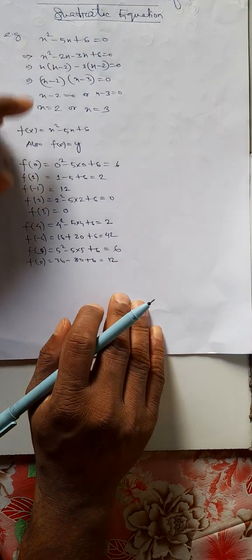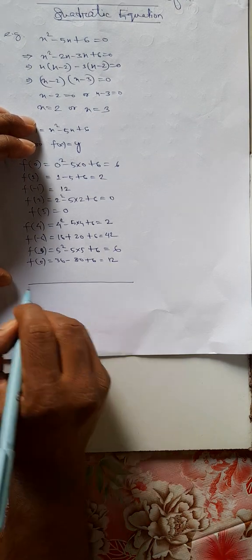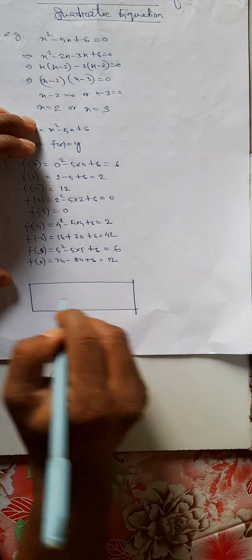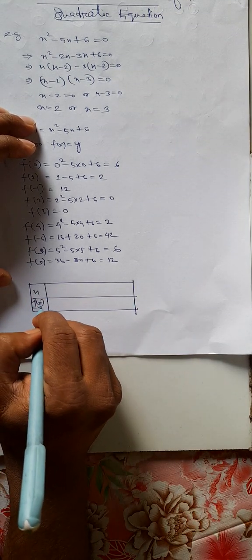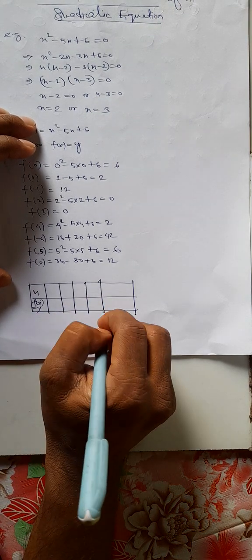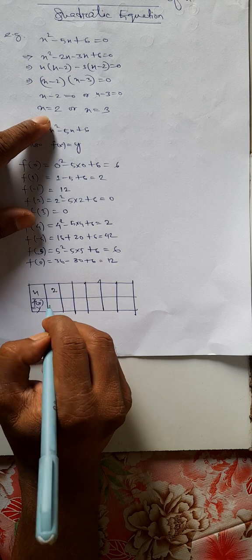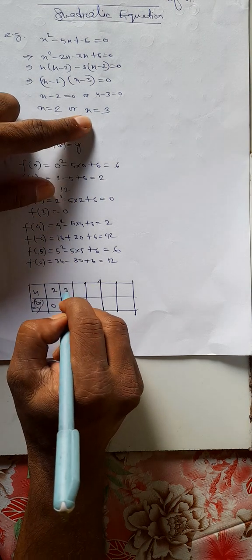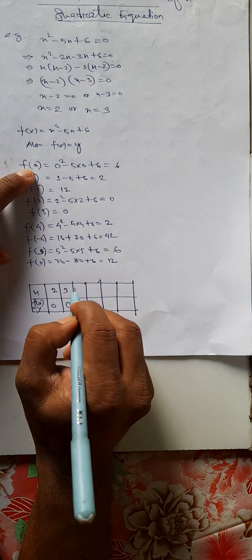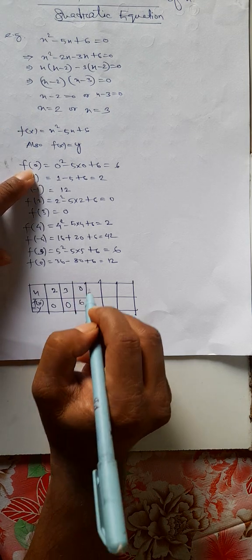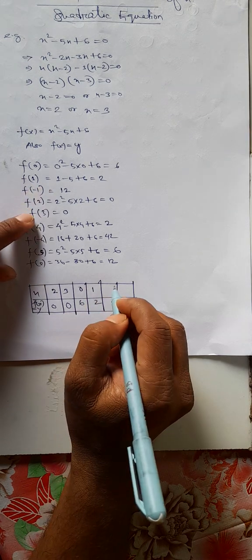So we got some Cartesian coordinates (x, f(x)) or (x, y). When x equal to 2, f(x) equal to 0. When x equal to 3, f(x) equal to 0. When x equal to 0, f(x) equal to 6. When x equal to 1, f(x) equal to 2.